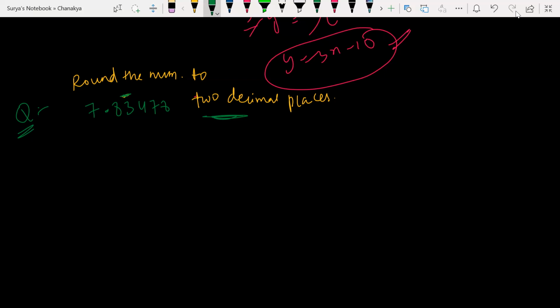The next digit is 4. You have to look at the next digit. It is less than 5, so it will remain the same. So what is the answer? 7.83.